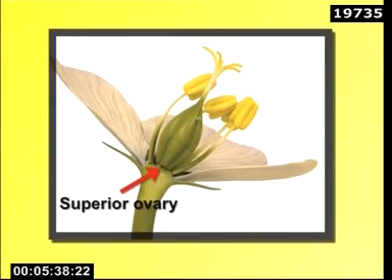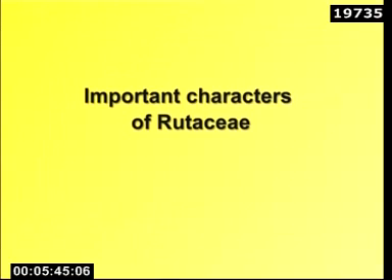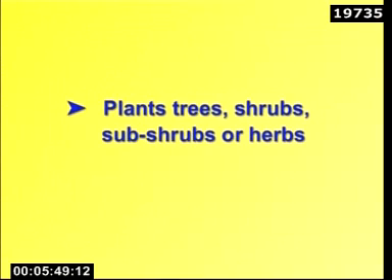And the third distinguishing character is that the ovary is almost always superior, that is, an ovary that is above the point of insertion of the petals, sepals and stamens. Other important characteristics are that the plants are trees or shrubs, rarely subshrubs or herbs.